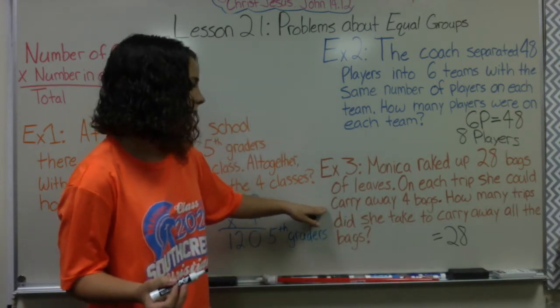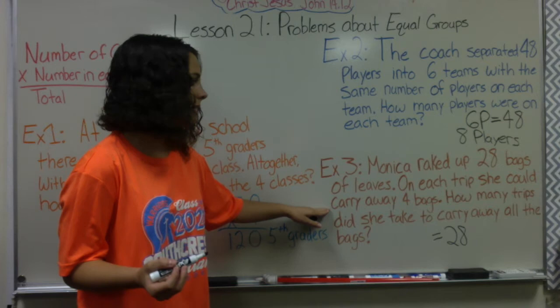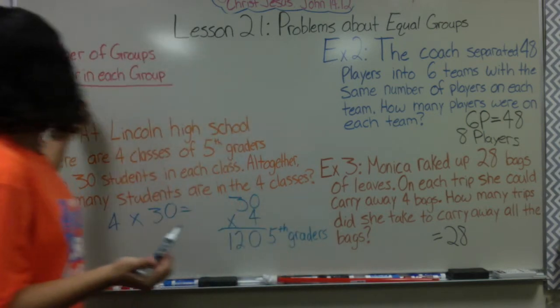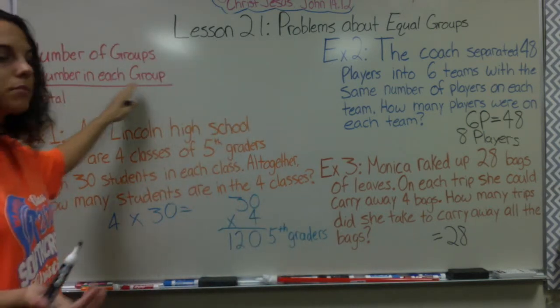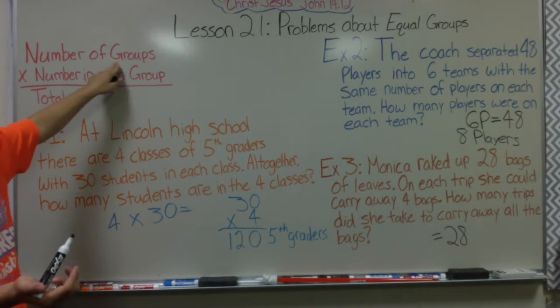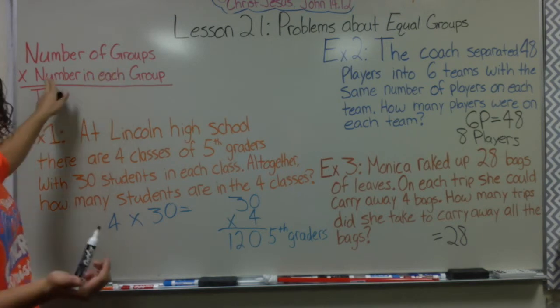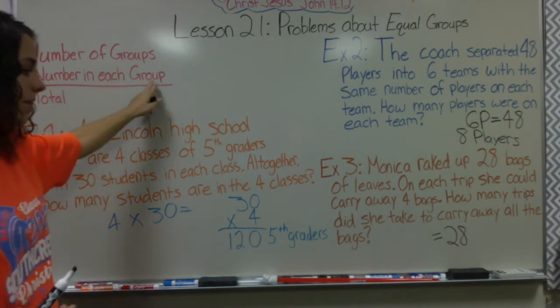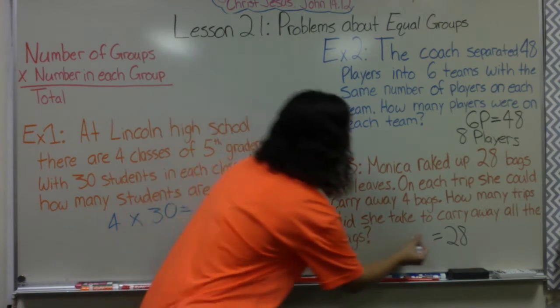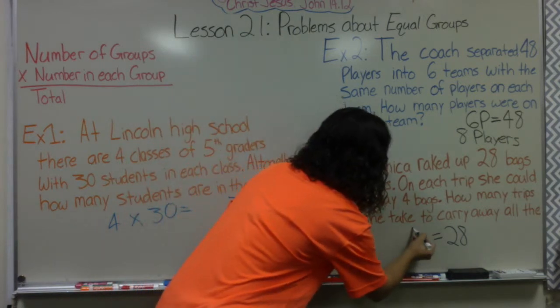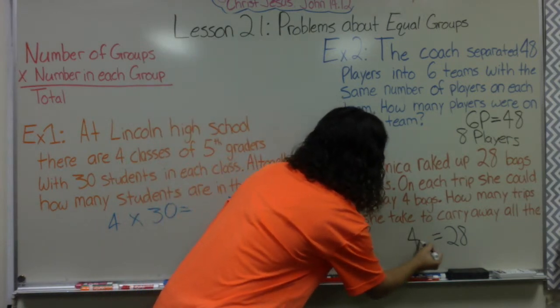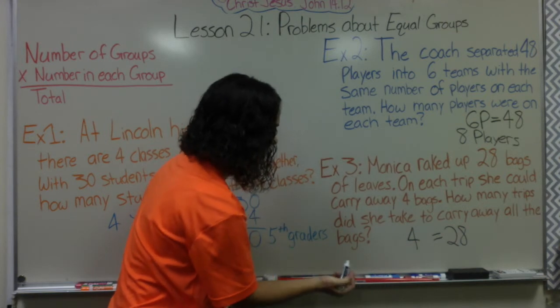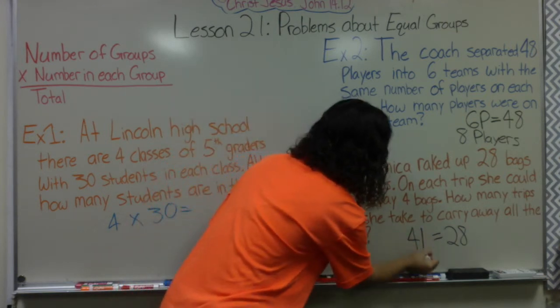On each trip, she could carry away only 4 bags. So that would be the number in each group. The trips would be the number of groups that we had. But in each group, in each trip, she carried away 4. So we are trying to figure out how many trips, and I'll do 4L for leaves.